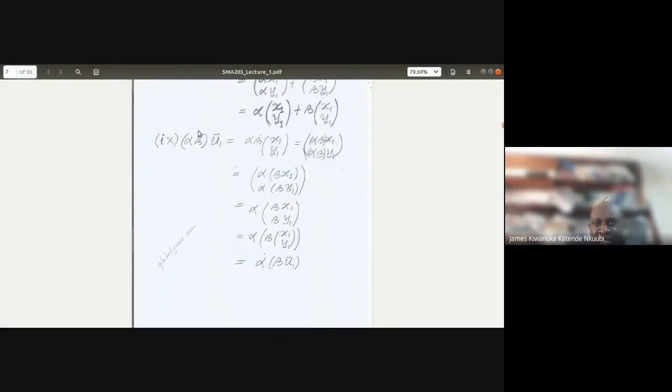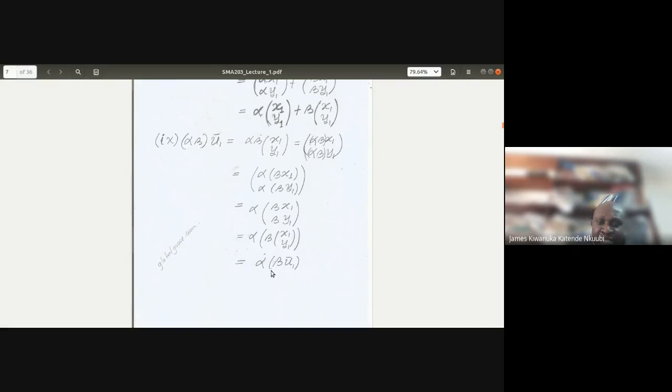And the ninth property is if you multiply alpha, beta, and u1, you can actually put your brackets anywhere. You can either put the brackets immediately after alpha and immediately before beta and immediately after u1, or you can put the scalars in brackets and leave out the vector.